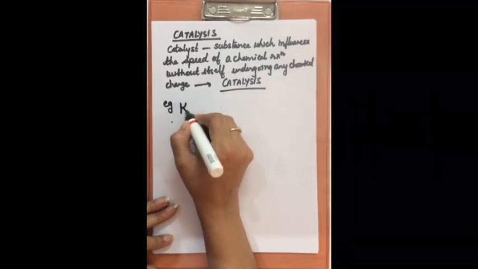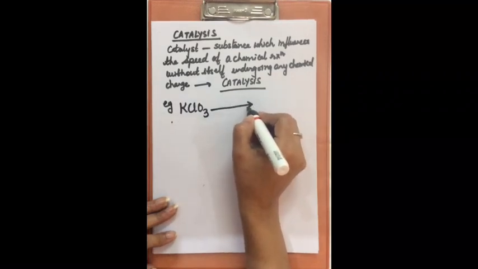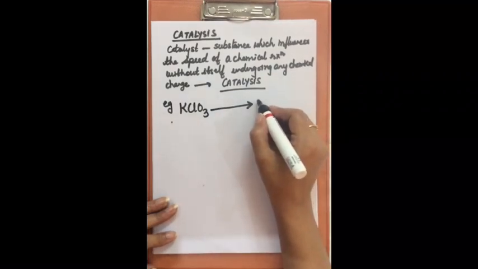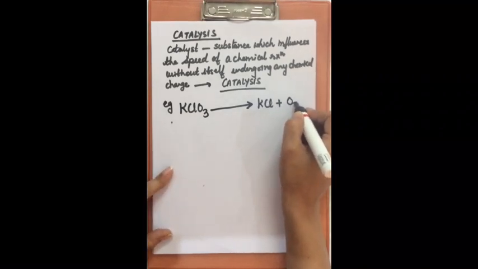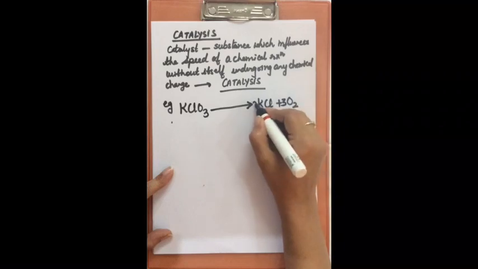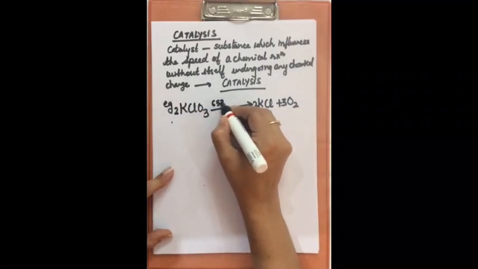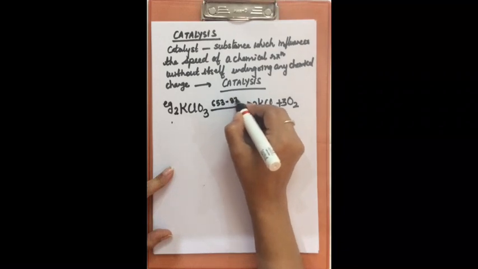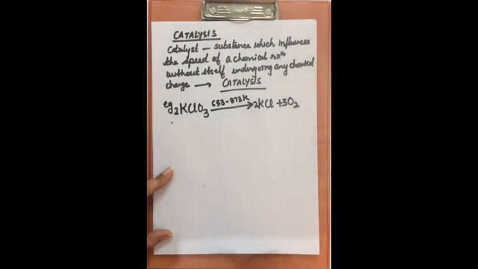Example: when potassium chlorate is heated strongly, it will decompose to form KCl and oxygen. It decomposes at a very high temperature of 853 to 873 Kelvin.